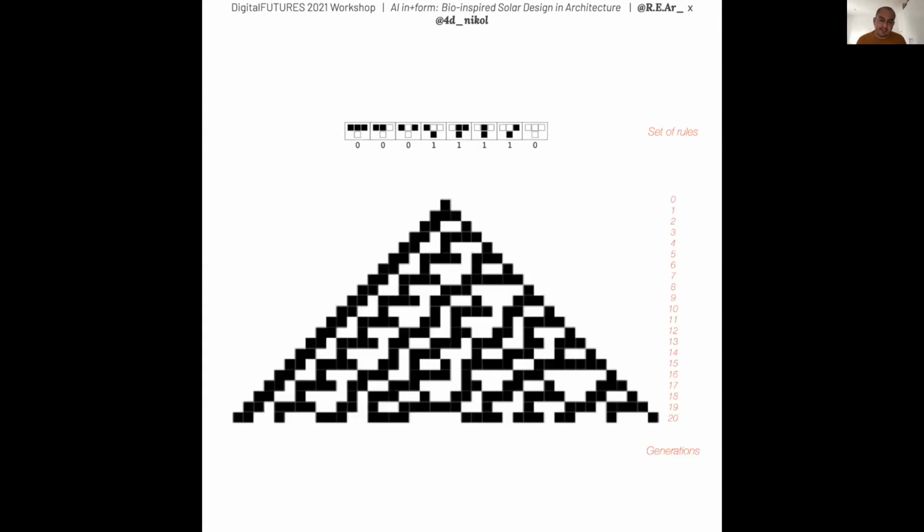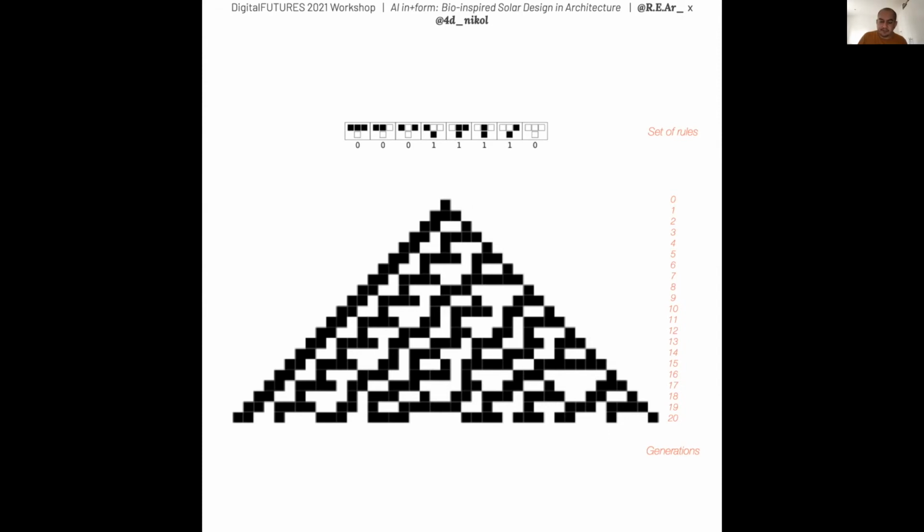So in this case, this simple rule can create, after 20 generations, this pattern, which is by far more complex than the first one, which you remember, this one. And for sure, if you try to understand the logic behind this without knowing this set of rules, you can't understand what's going on here.